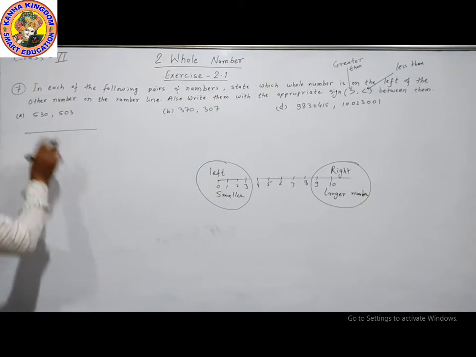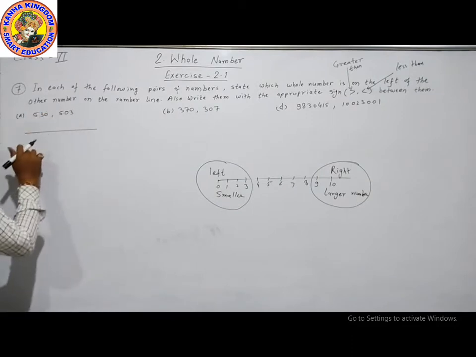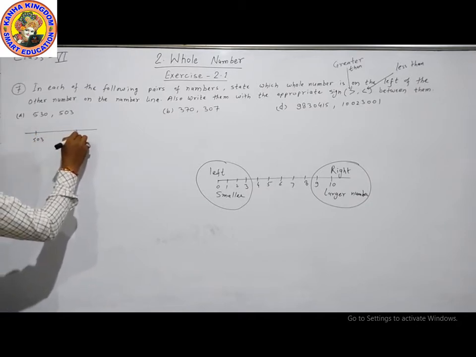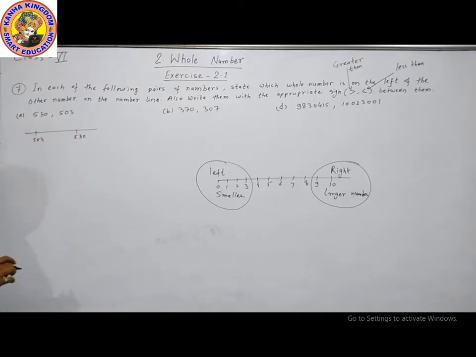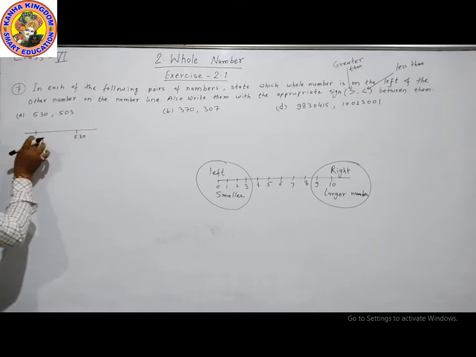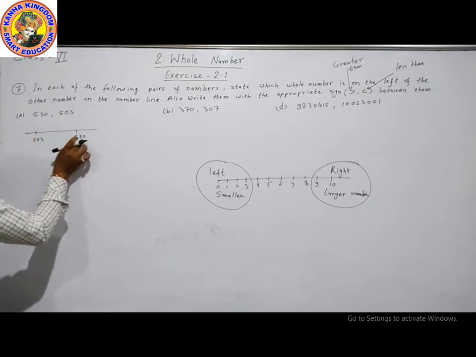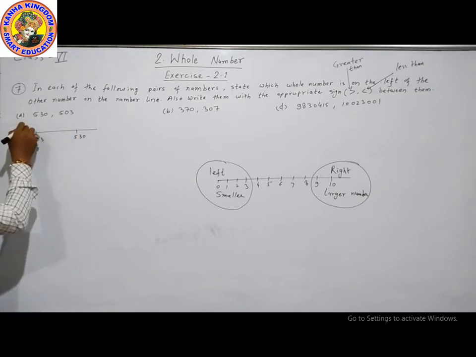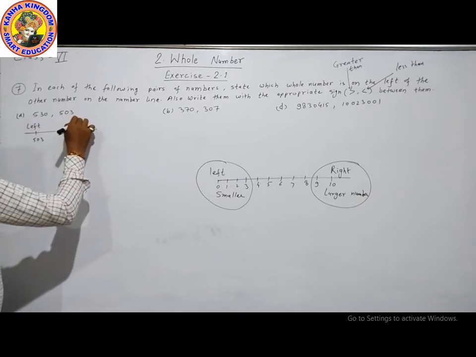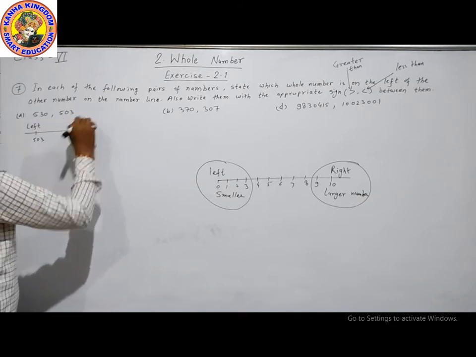So the smaller number is 503 and the larger number is 530. 503 is the small number, 530 is the larger number, so the small number takes the left side and the larger number takes the right side.